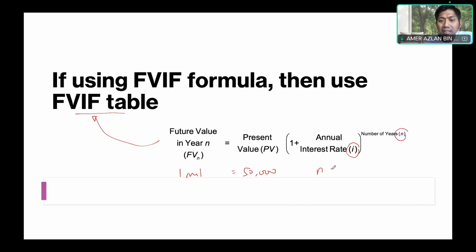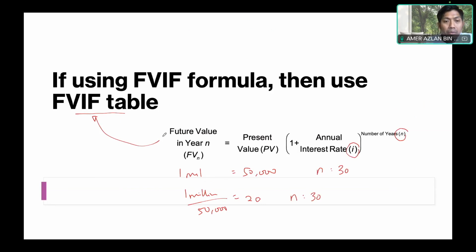So the N is 30, or also period. So simply divide 1 million by 50,000. You would get 20. And you have N 30.